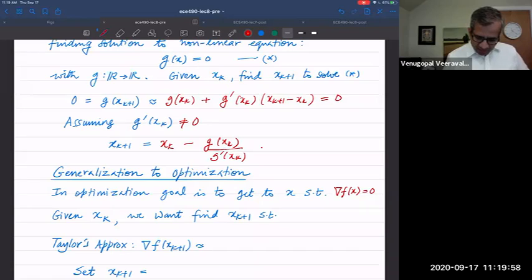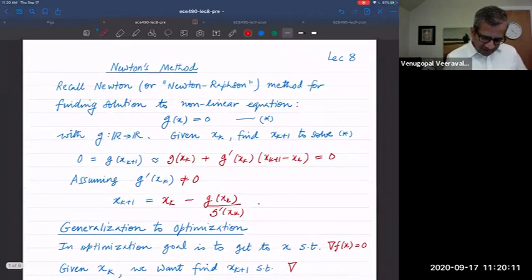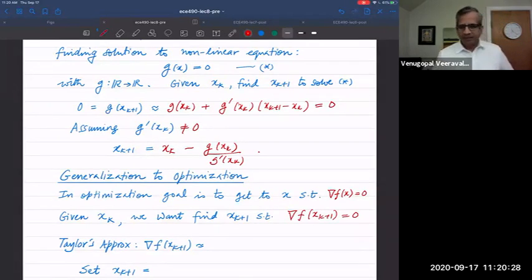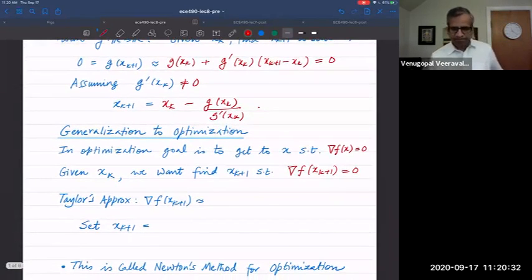Given an xk, just like here, you try to find an xk plus 1 such that the g of xk plus 1 is 0 or close to 0, to get a stationary point of the function.